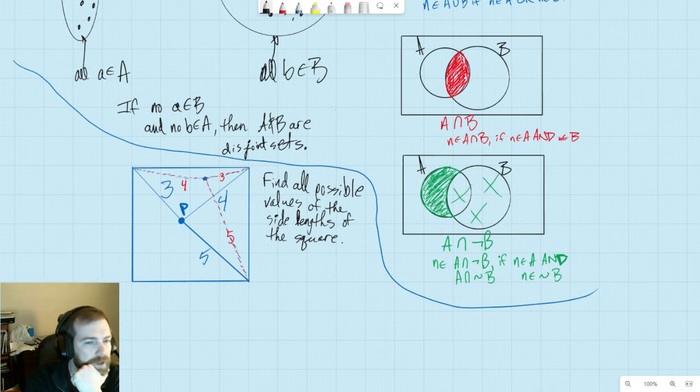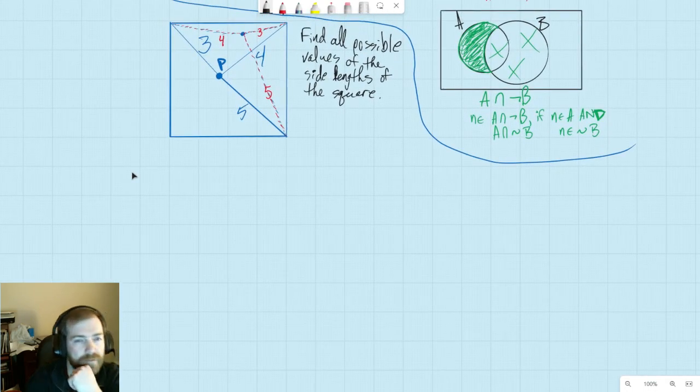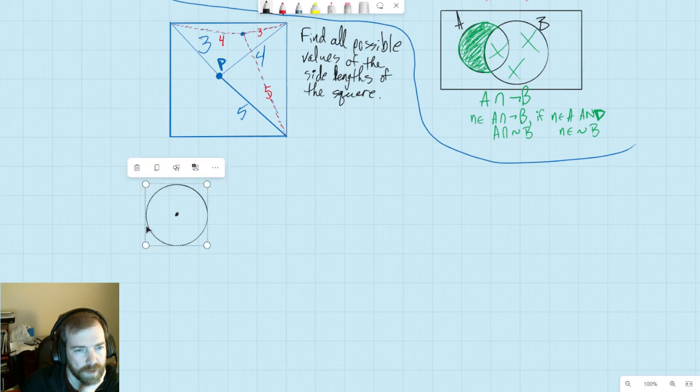So if we just think about it logically, right? If we put a circle with radius 3 around a particular point, this is going to be corner 1.